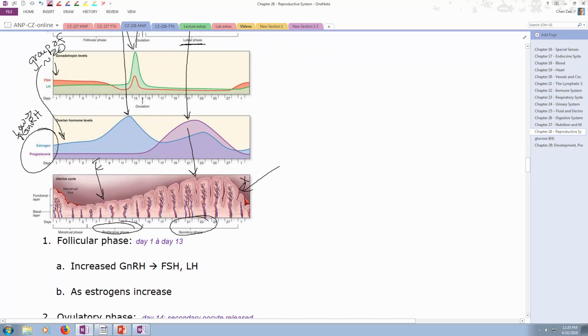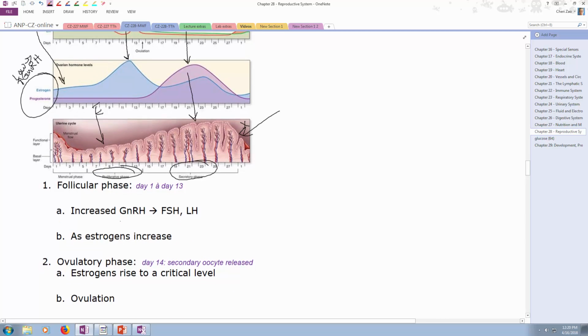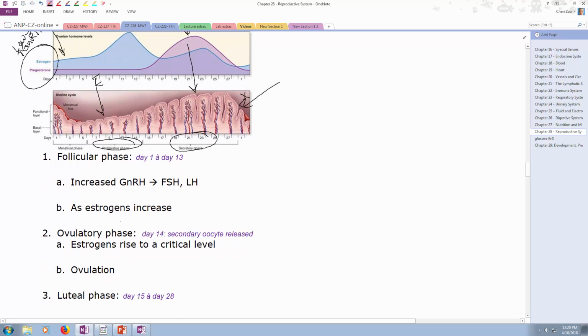So it helps it build up, and then progesterone helps it get ready for implantation, so it's lush. And if implantation of a fertilized egg does not occur, then we don't have human chorionic gonadotropin, HCG, released, and we don't have maintenance of the corpus luteum, and we lose the lining. So now we can go into this part of the notes.